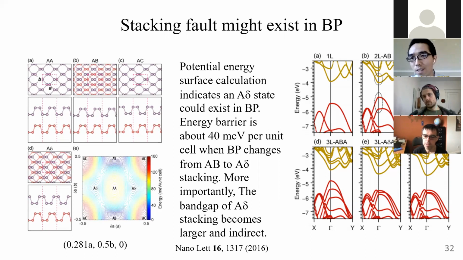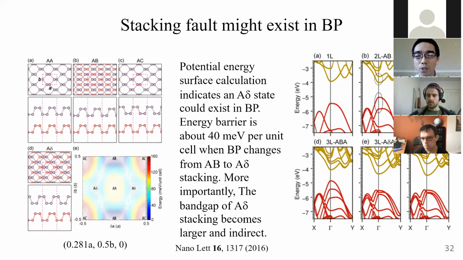So as far as I understand, you're saying that the liquid exfoliation seems to be not monolayer but a bilayer with a defect stacking in it. Is that your conclusion? Yes.